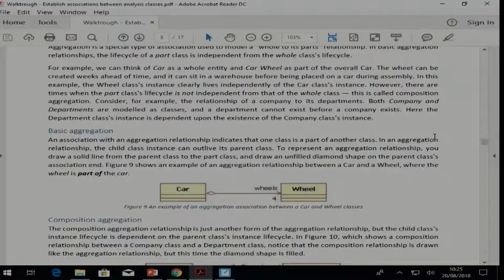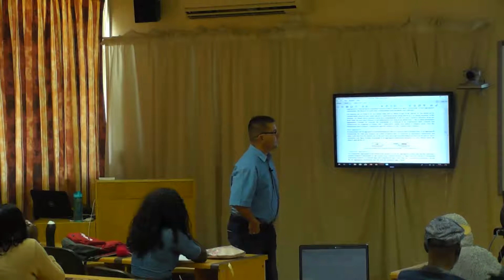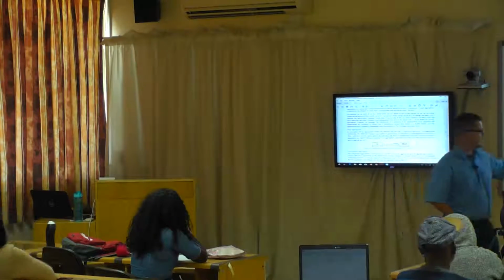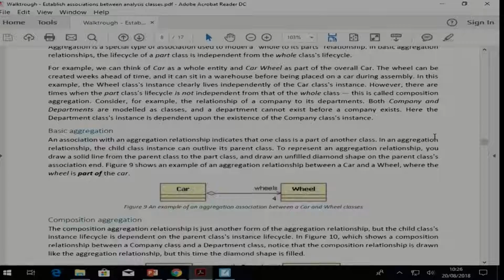Then there was also mention again about aggregation and the whole two-part relationship in all of that. When we look at something like this, we start to see: is a wheel part of a car?